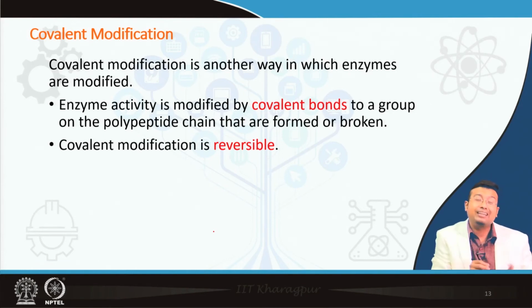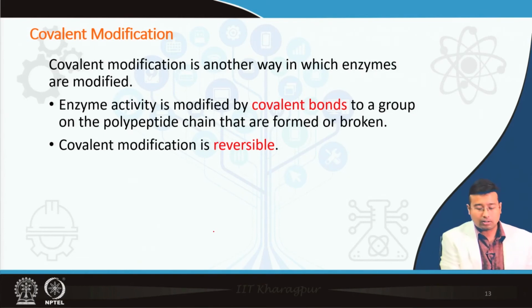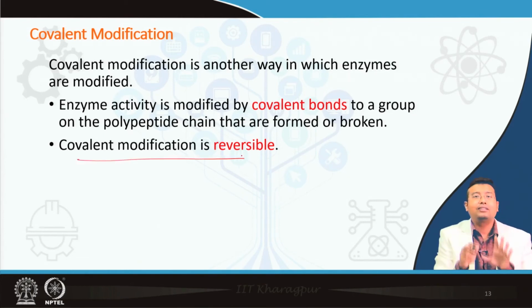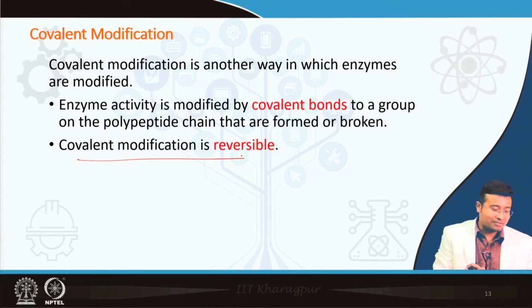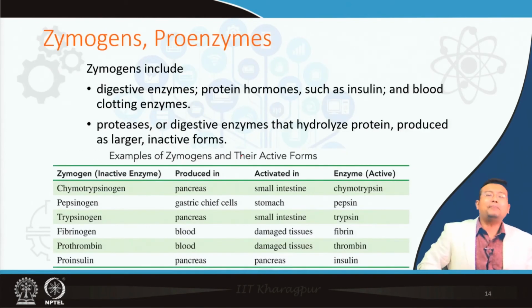This covalent modification of enzyme is reversible. Covalent bonding might not be reversible, but don't get confused by this line. We are dealing with covalent modification of enzymes, and this regulation of enzyme by covalent modification is reversible. Okay. Prime examples are zymogens and proenzymes.